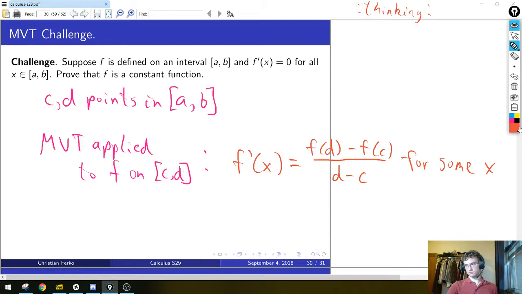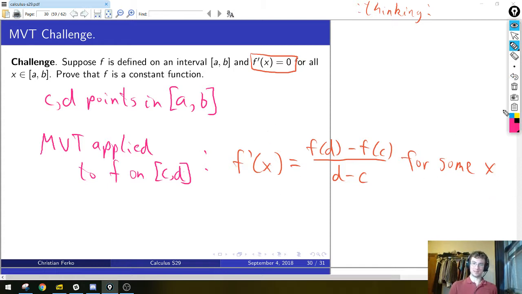I believe we see that f of d minus f of c over d minus c equals 0, by the assumption. Good. We've assumed that f prime is 0 everywhere, and you've told me that f prime is equal to this thing at some value of x, but it doesn't matter what value of x it is because it's 0 everywhere.